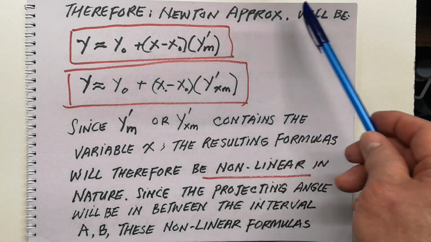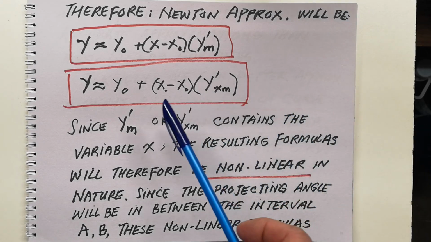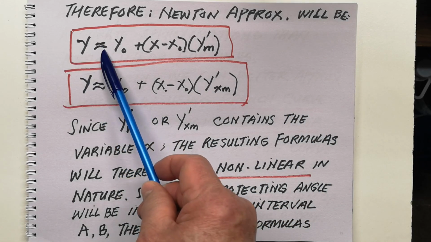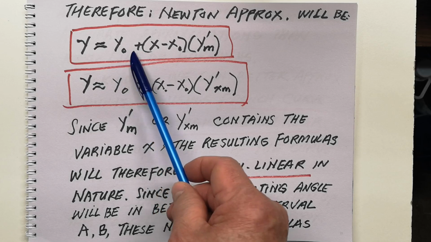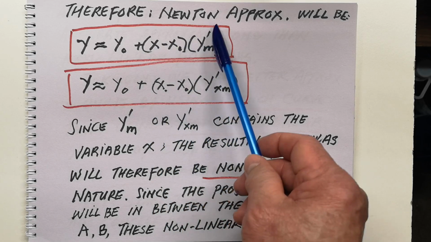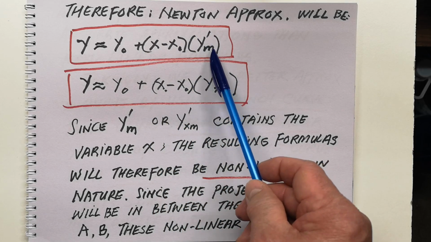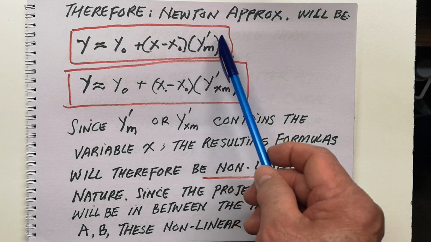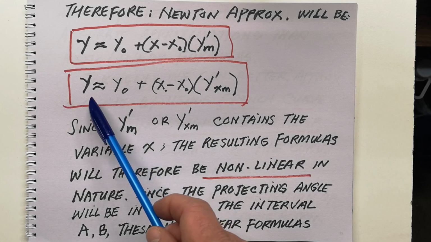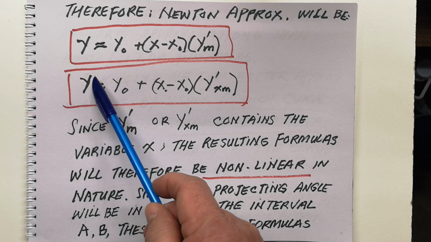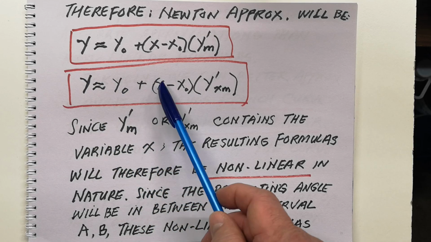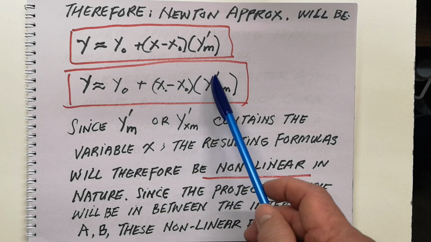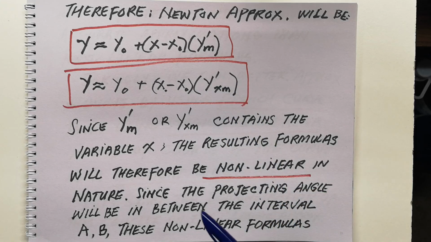Therefore, Newton approximation will be transformed into y approximately equal to y sub 0 plus delta x multiplied by the mean y prime. So y is approximately equal to y sub 0 plus x minus x sub 0 multiplied by y prime at xm.